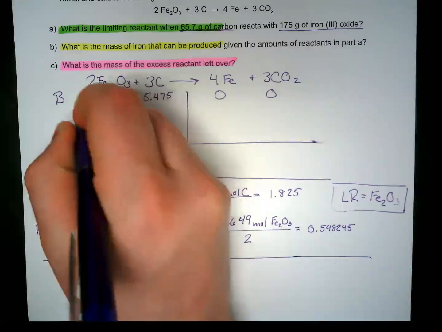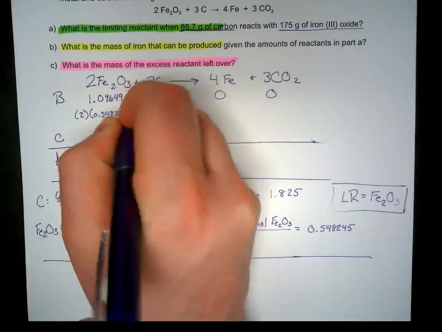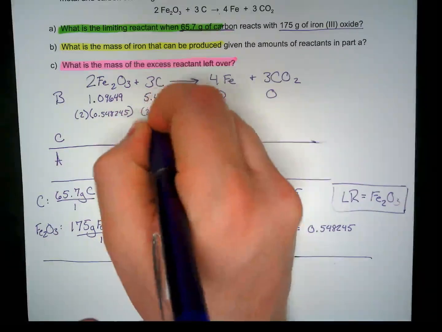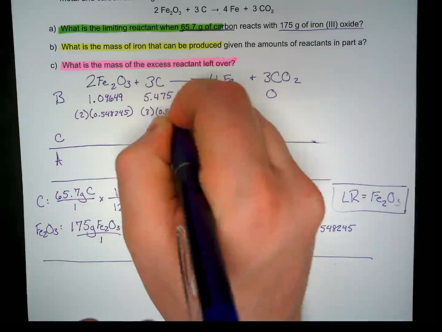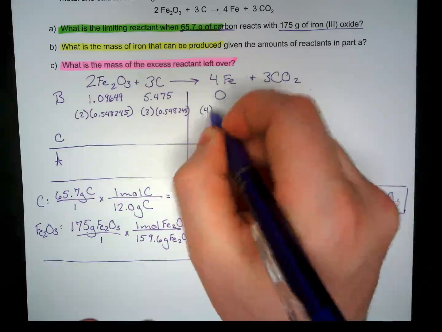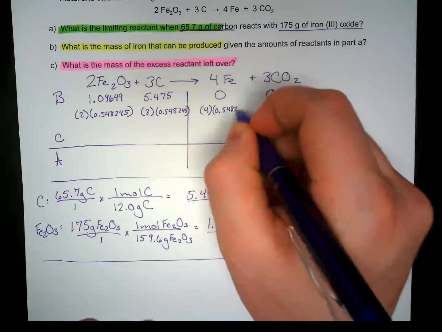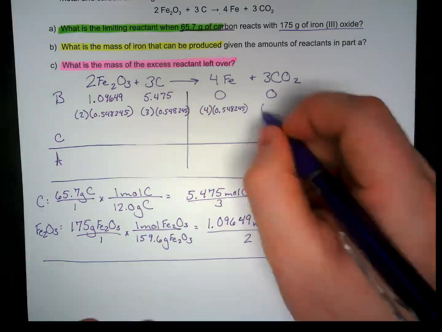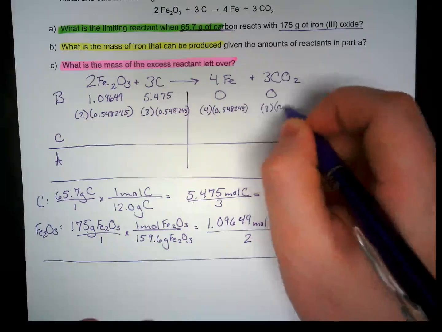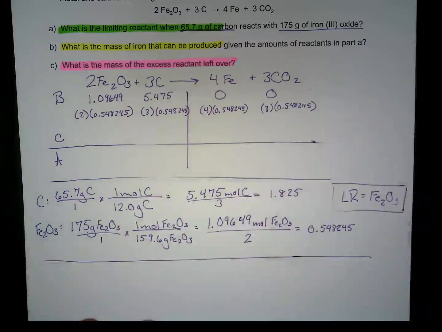So it'll be 2 times 0.548245. Here will be 3 times 0.548245. Right here, 4 times 0.548245, and then another 3 times 0.548245. Okay.